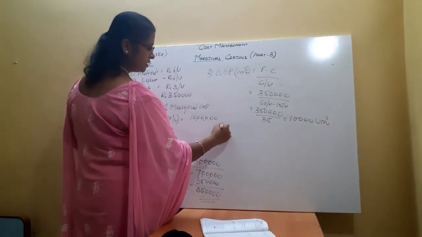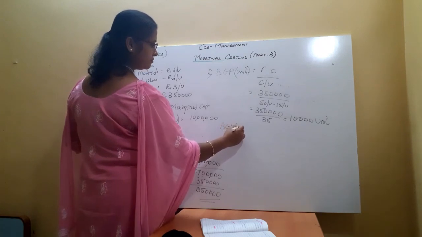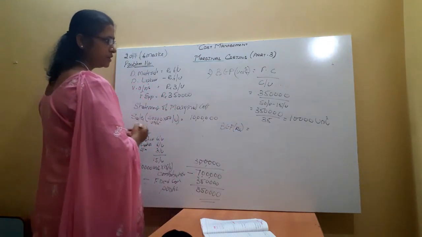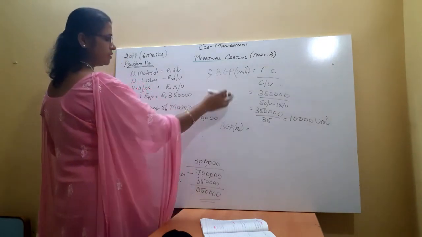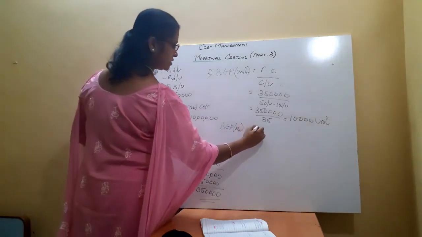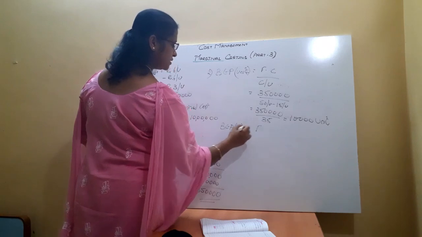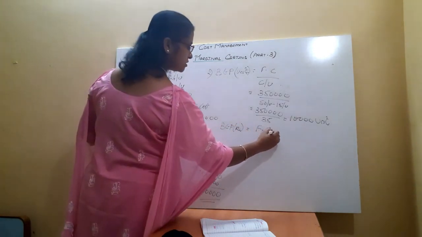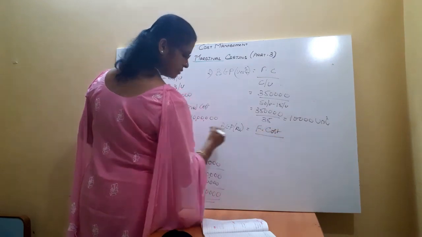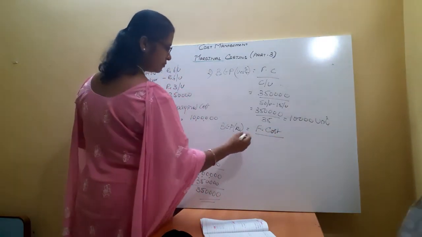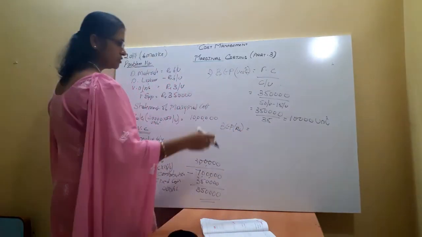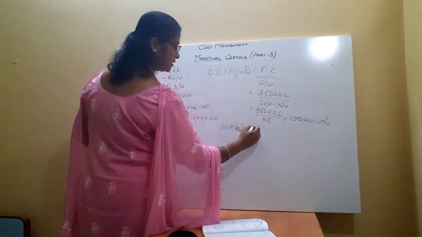Then he has not told us whether we have to calculate in units or rupees. He has just asked us to calculate the BEP. So I have worked both BEP in units as well as BEP in rupees. So BEP in rupees, the formula is fixed cost divided by PV ratio, or we can directly do, because we already have the units and we also know the rate per unit.